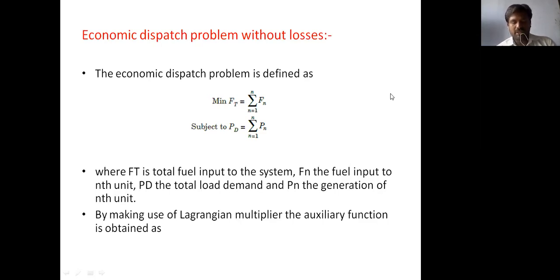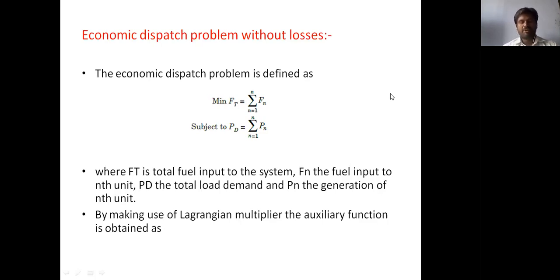So the economic dispatch problem means, for a given network of power generators, finding how much power each unit should generate for a given load demand while minimizing the total cost of power generation, which is generally expressed in nonlinear form.